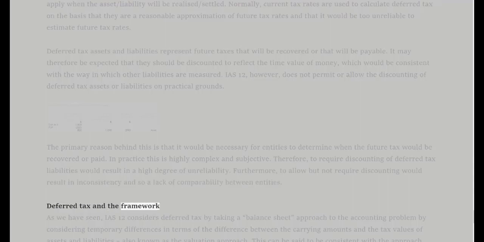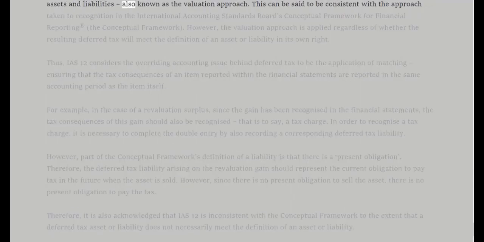Deferred tax and the framework. As we have seen, IAS 12 considers deferred tax by taking a balance sheet approach to the accounting problem by considering temporary differences in terms of the difference between the carrying amounts and the tax values of assets and liabilities, also known as the valuation approach.